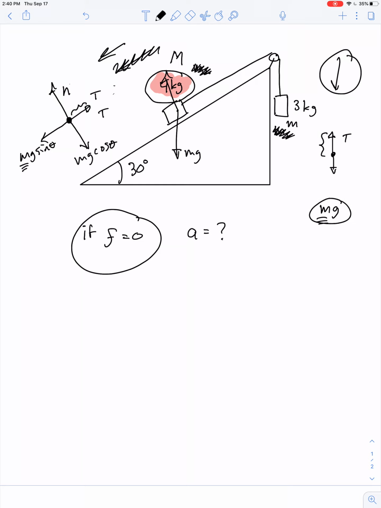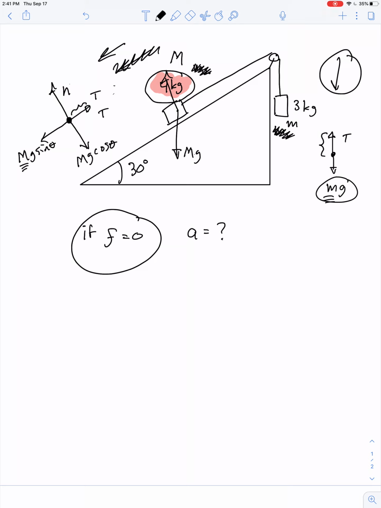So I'll leave this as mg, but we'll change the label here to capital M. And all these little details matter in your problem solving. So spending more time setting up the problem than solving the problem is the key. And if you're cautious and thoughtful about your approach, it can help eliminate a lot of mistakes.